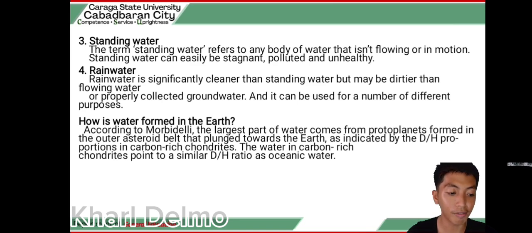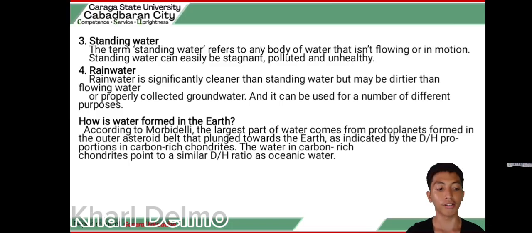Because it is not moving, standing water can quickly become stagnant, making it a breeding ground for harmful bacteria, insects like mosquitoes, and other pollutants. This lack of motion often leads to water quality deterioration, posing potential health risks to humans, animals, and the environment.